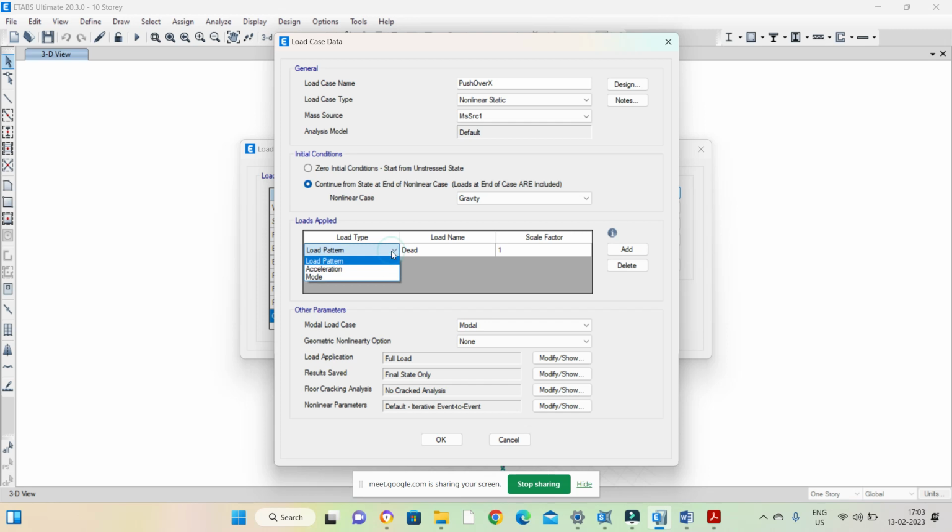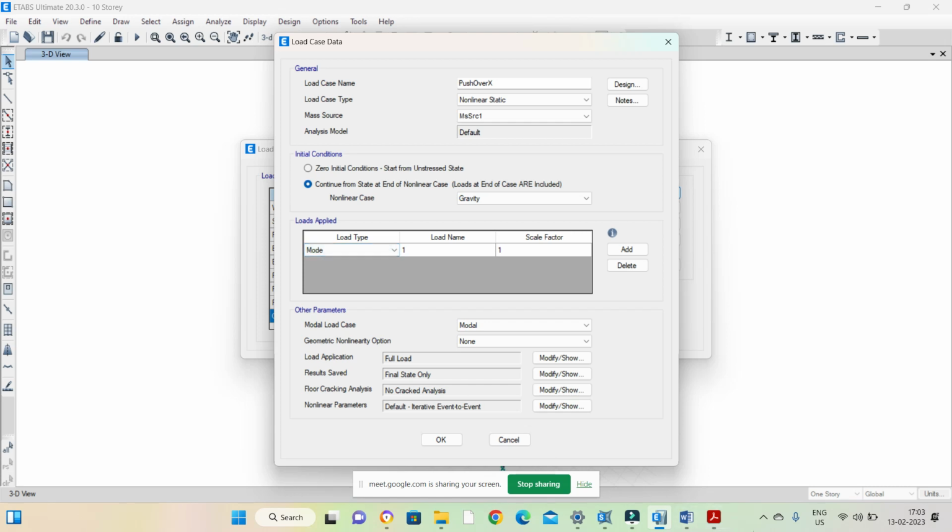So pushover analysis you can run in different ways. As you can see, you can apply the load if you have any particular load to apply, or you can apply in terms of acceleration, or you can apply in terms of modal formation. So here we'll apply in terms of mode shapes.